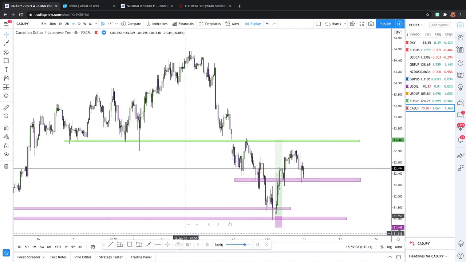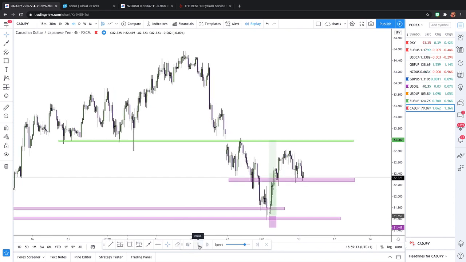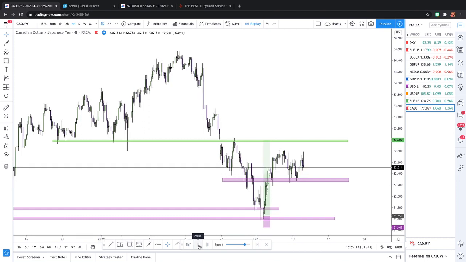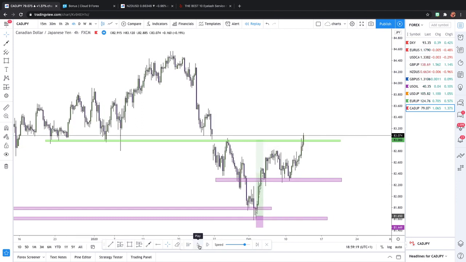Okay, so what ends up happening, let's see. So the test structure comes down, tests it once more, and then reverses. A lot of people in the market trading, especially new beginners, would think, oh no, the market's about to reverse, I should get out.